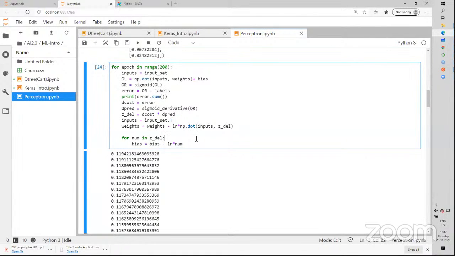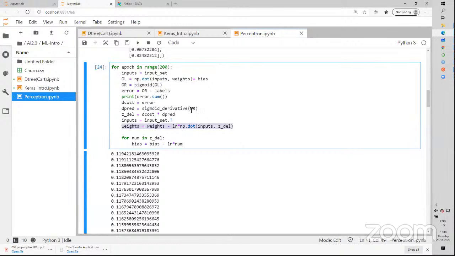And this implements both the forward propagation and the backward propagation. Till this point, it is forward propagation. Here we are computing the first matrix and passing that first matrix to sigmoid to generate the outputs. And here we are doing the back propagation.